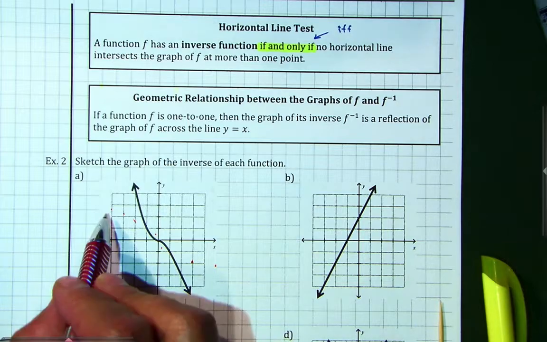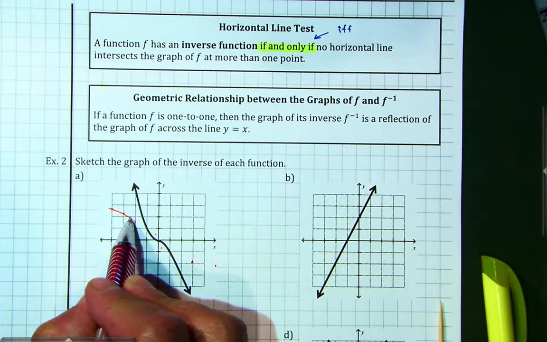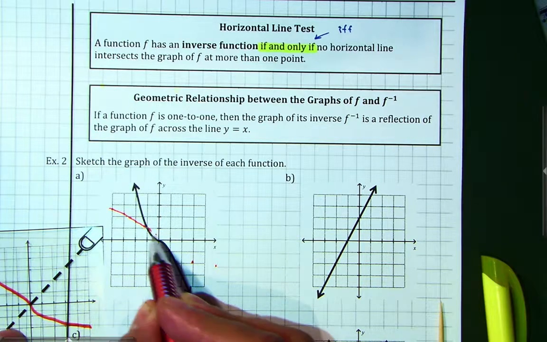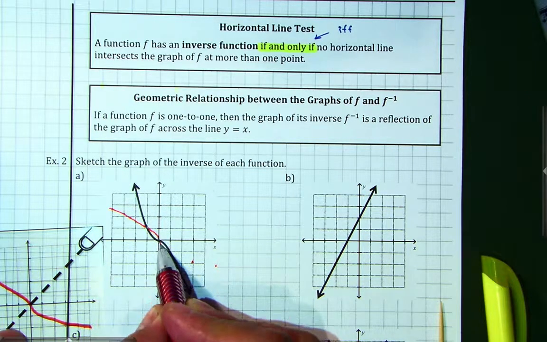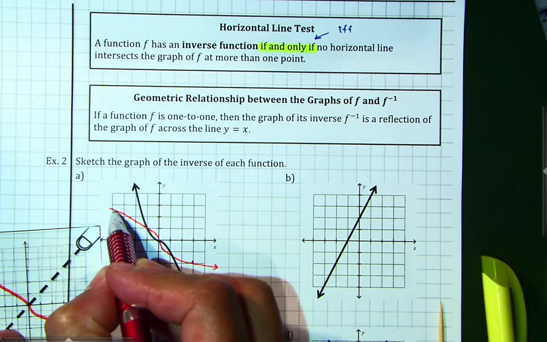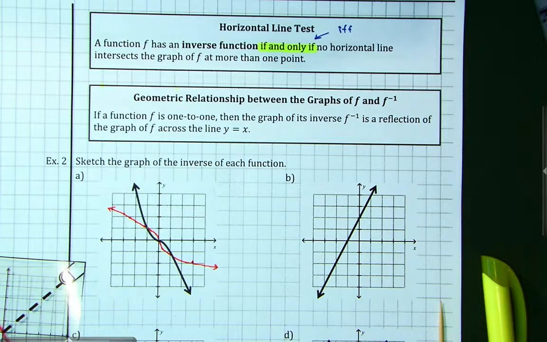So the graph will look something like this. I'm going to keep it. It still goes through the x-axis. That is the graphical representation.